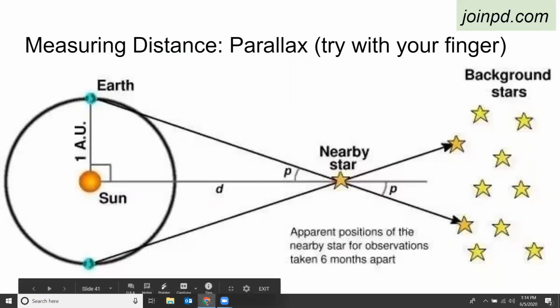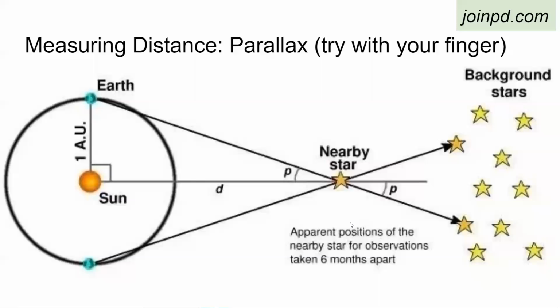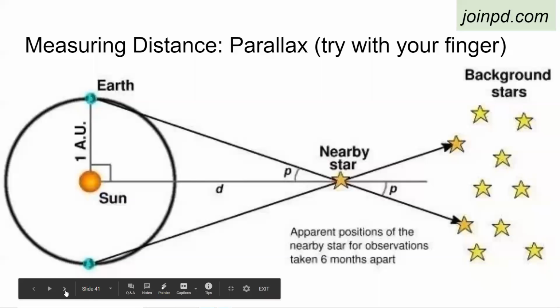And that's it, okay? Any questions on parallax? Because if we can't do this one thing, we can do nothing in knowing how far away stuff is. We literally have to stop everything because we have no way of knowing how far away it is. So parallax is step 1 in an astronomer's toolkit.